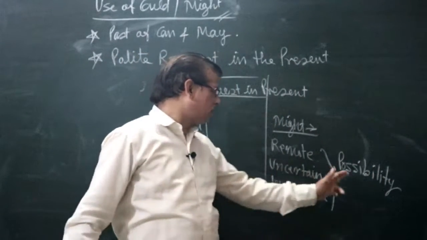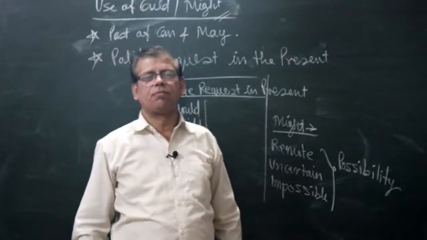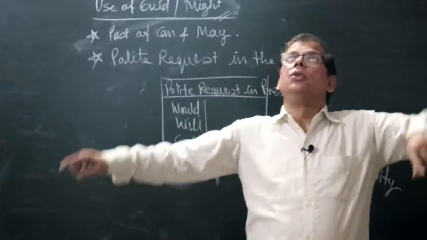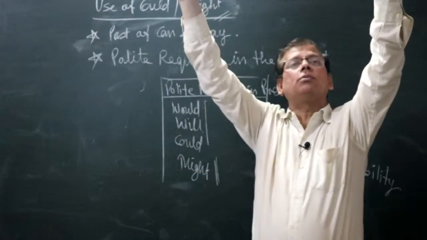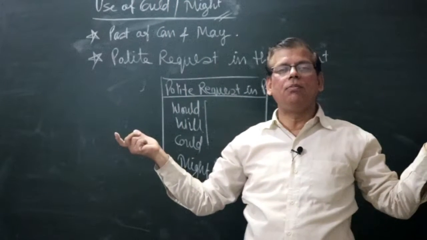In remote possibility, uncertain possibility, impossible possibility, might is used. Example: there are no clouds in the sky, no cloud. It might rain. Who knows the nature?